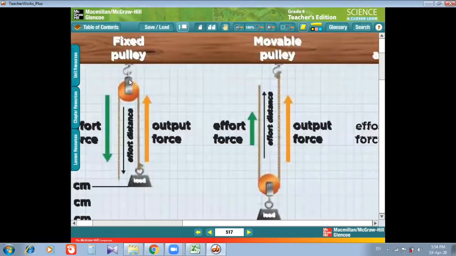Here you have a cord, and here you have a wheel. When a pulley is attached to an unmovable object, like here it is attached over here, this is called a fixed pulley.